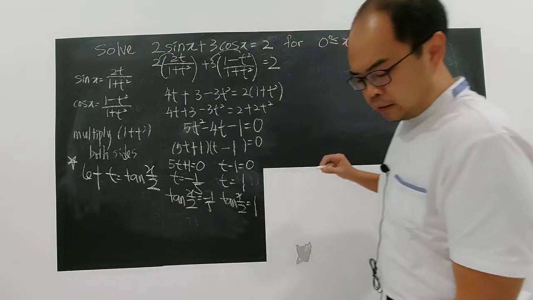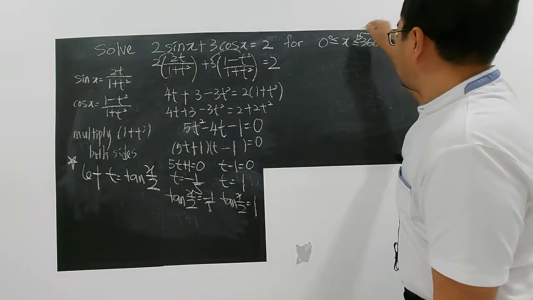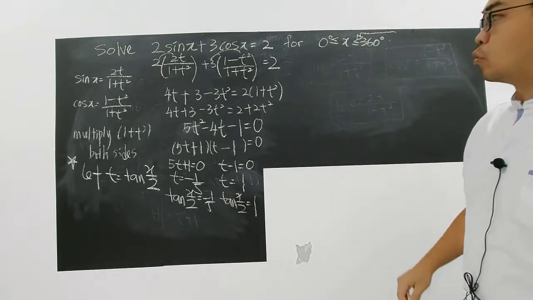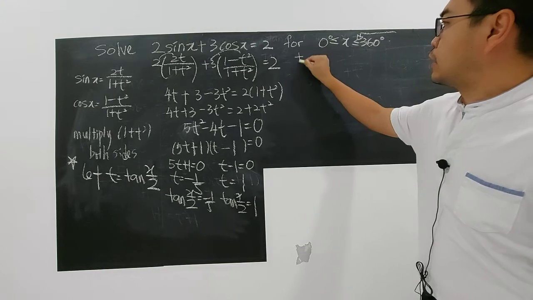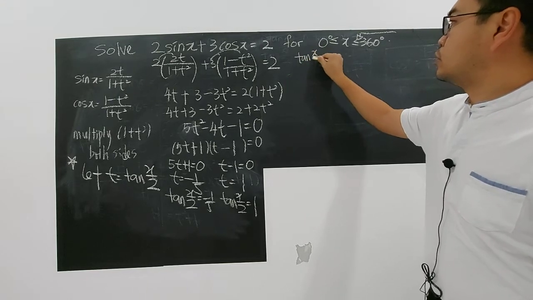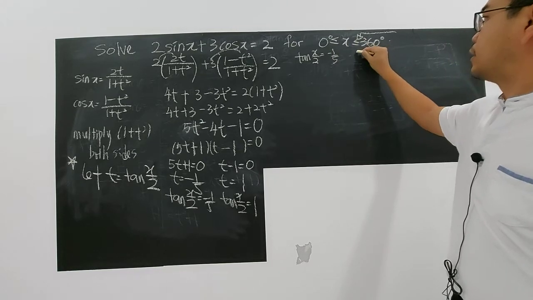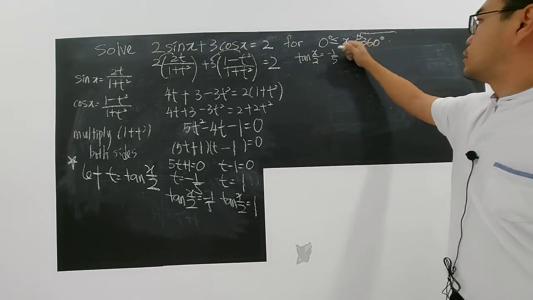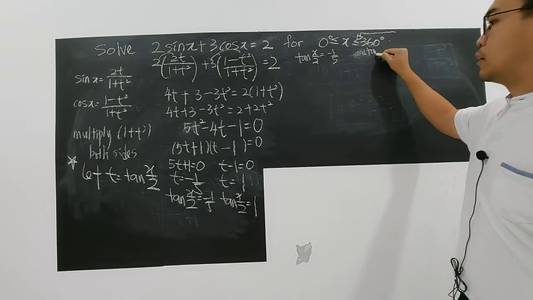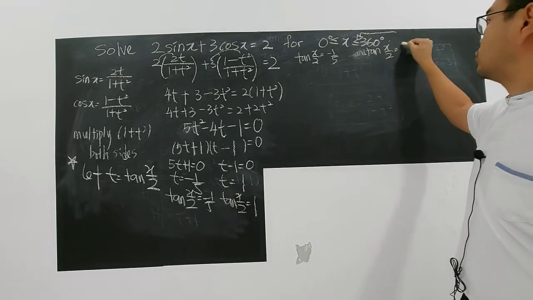So remember, you must refer to the domain, right? This is the domain given. So by now you know that tangent x over 2 is equal to negative 105 and tangent x over 2 equals to 1.